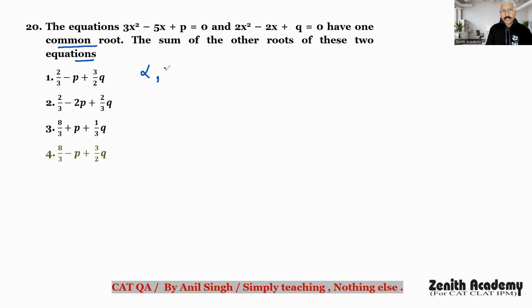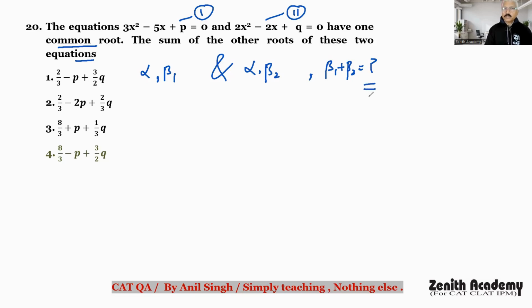So alpha and beta 1 are roots of equation number 1, and alpha and beta 2 are roots of equation number 2. Then for the sum of the other roots, we have to find beta 1 plus beta 2. This is our question.